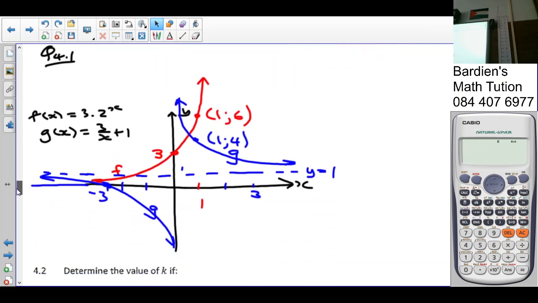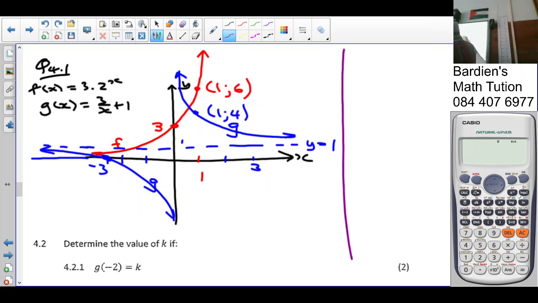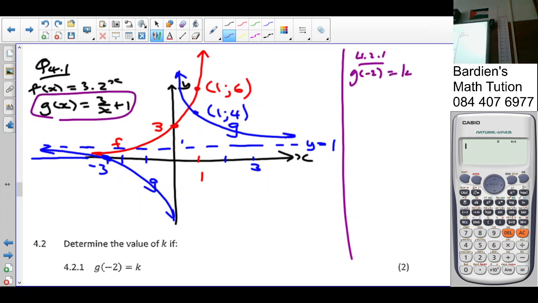The next question says, determine the value of k if g of negative 2 is equal to k. People, the g of x graph is defined as this here.